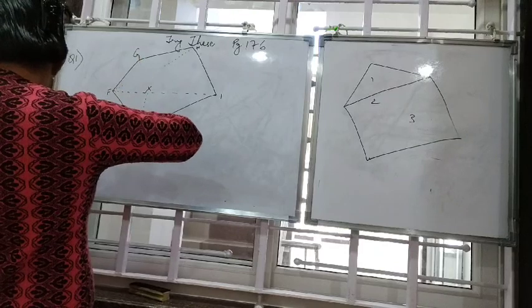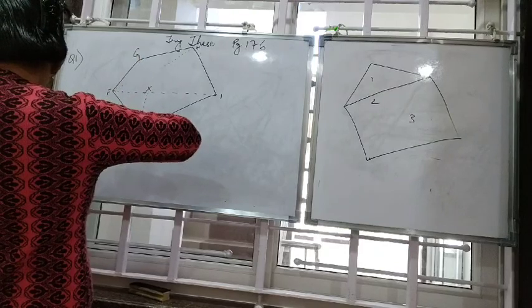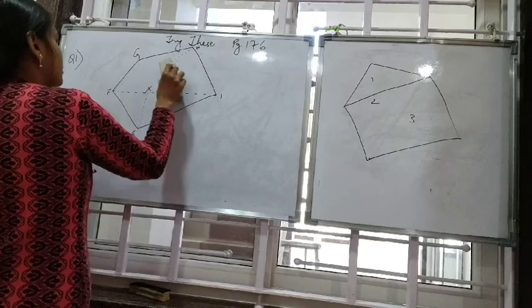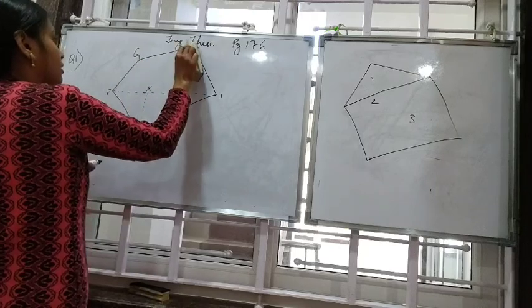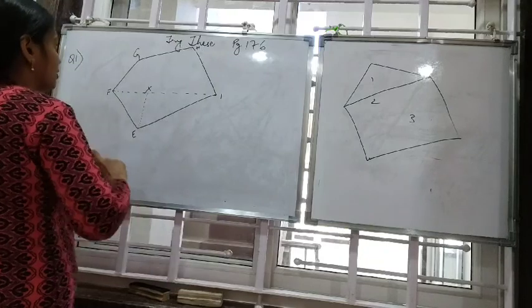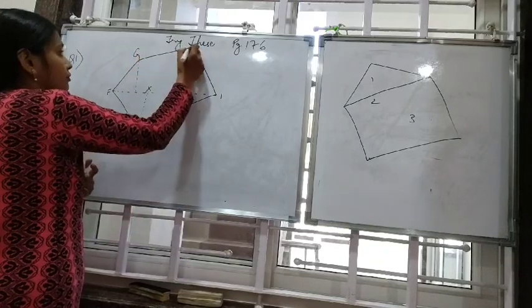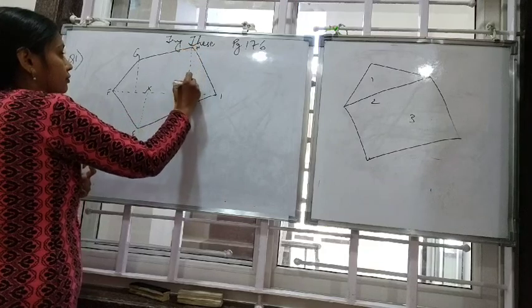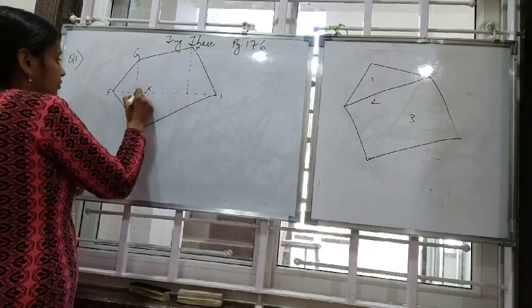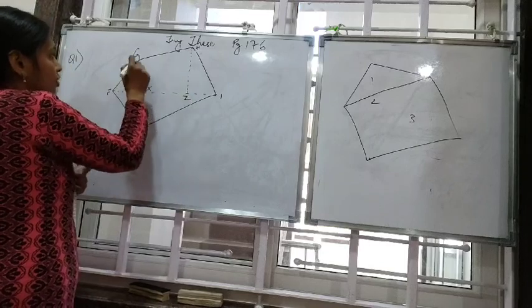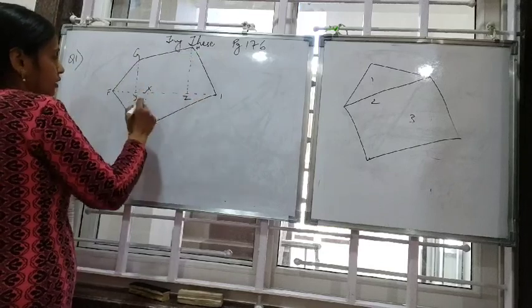Mine is not looking like a trapezium, but here will it look like a trapezium? Children, if you do this, Y, Z, then this becomes a trapezium. This is one triangle, this is one triangle, this is one triangle.